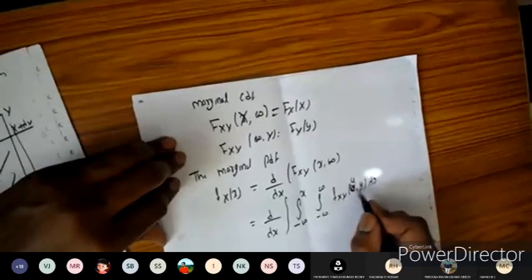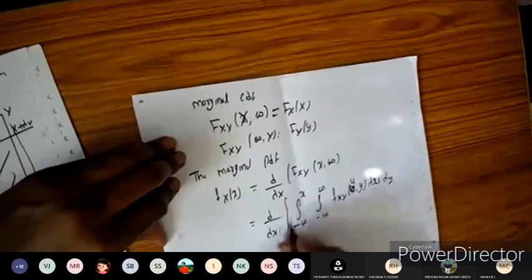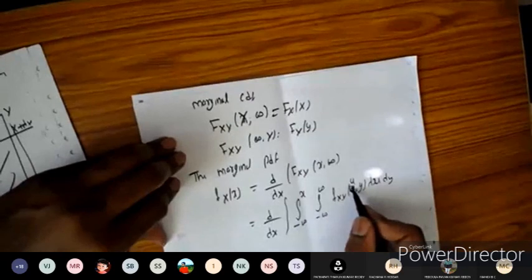Because the random variable is x, I have taken u here.